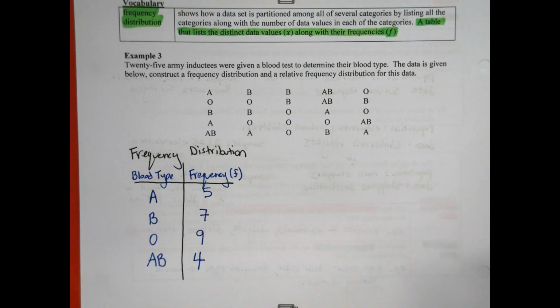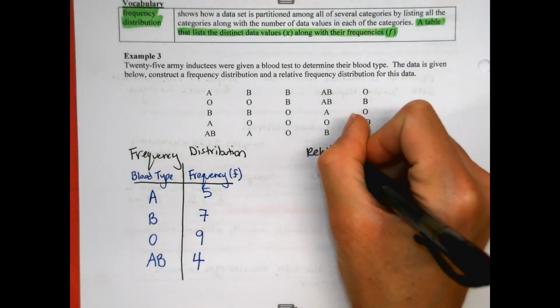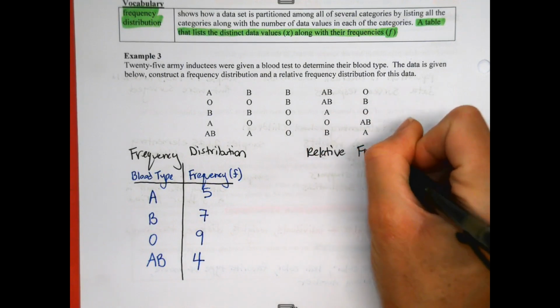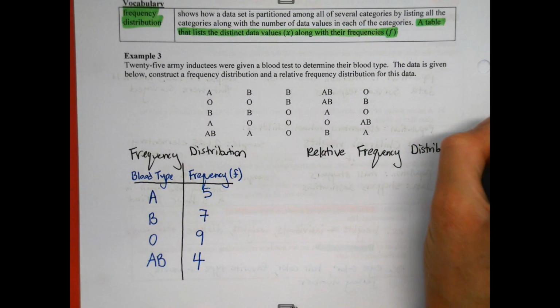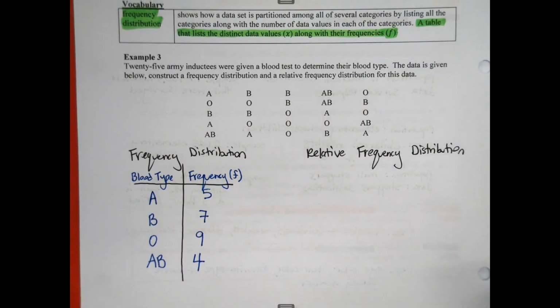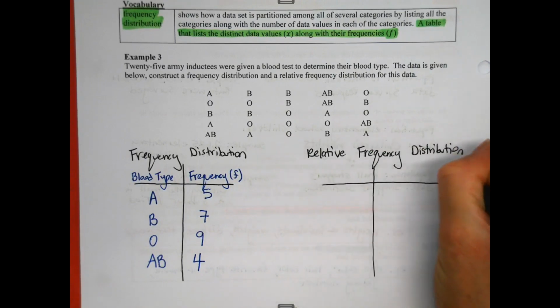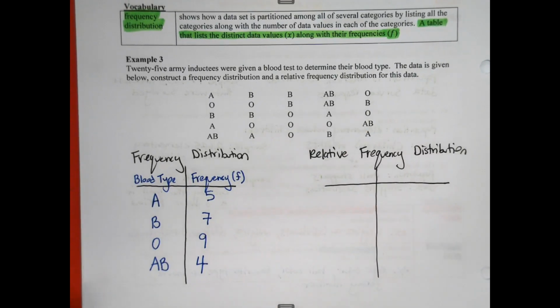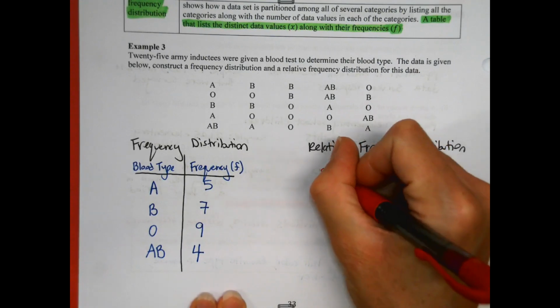For our blood type data, our table remains the same. We're still going to have two columns. The first column is going to have blood type, and the second column this time is going to have relative frequency.